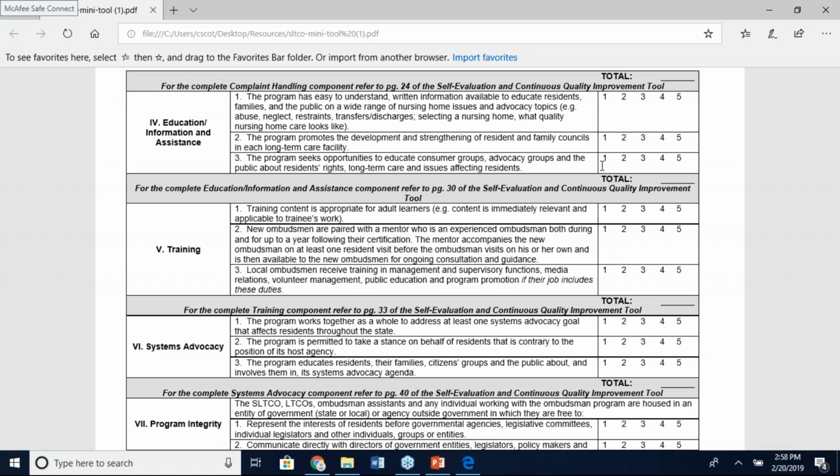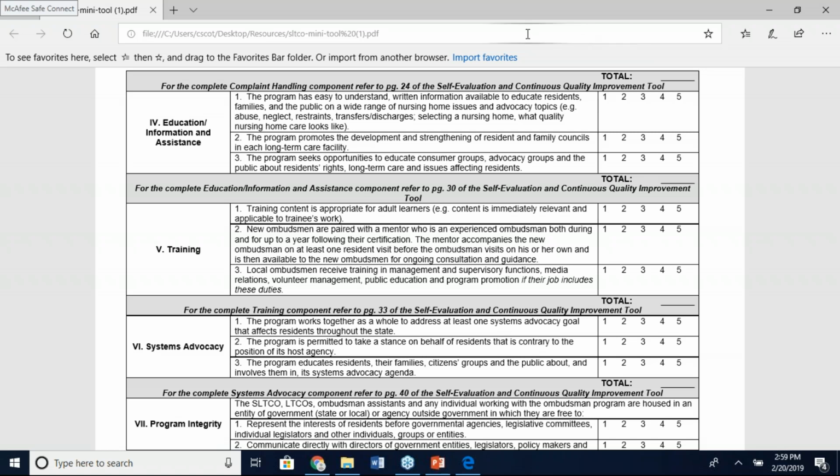And then the next question: this is obviously the state mini tool. There is a local mini tool. Have you encouraged the locals to fill out their own local mini tool and have a conversation like what you're having now? Yes, we have this as part of our training for the leaders of each of our local programs.